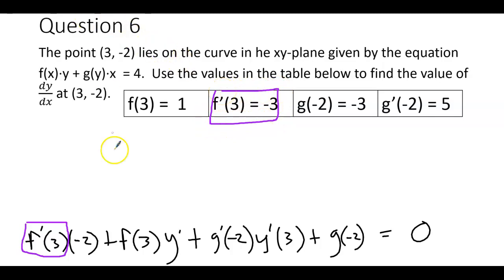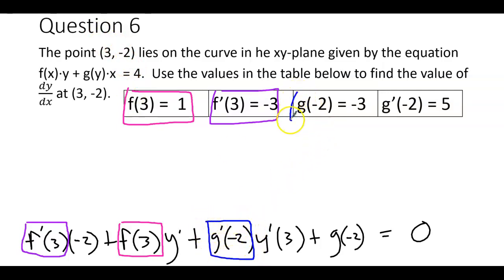We also have f of 3, that's right here. F of 3 equals 1. We have g of negative 2 right here. That's this guy.